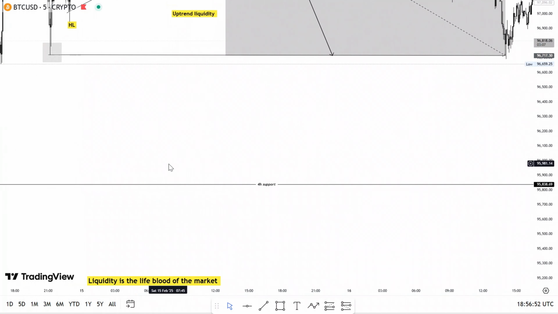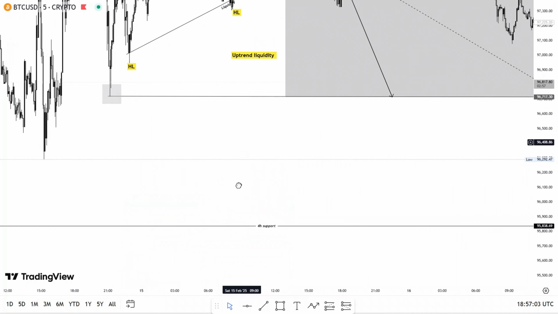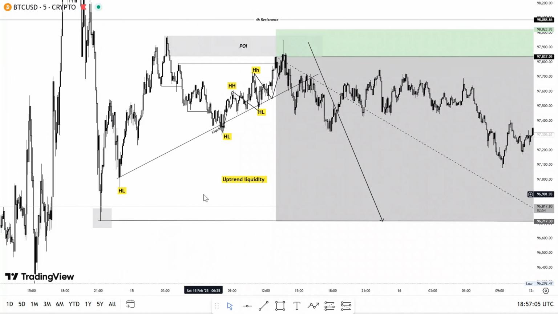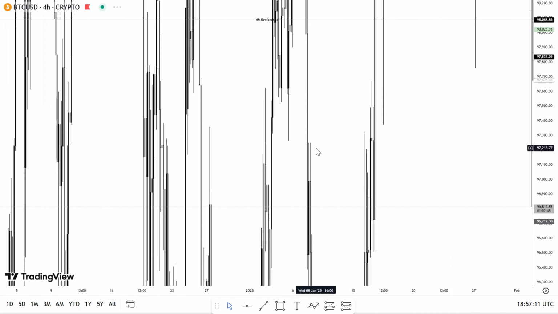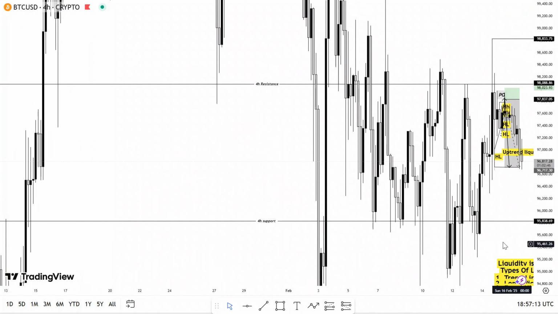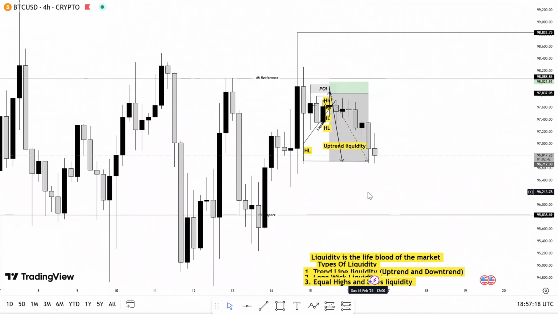We'll come back to the downtrend liquidity, but I will quickly go to the second one, which is the long wick liquidity, because in this same trade, the long wick liquidity is still present. Now, if I go to the 4-hour time frame, if you watched my last video before this one, I talked about this.